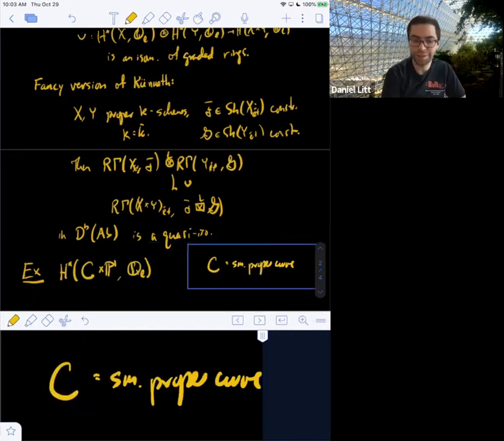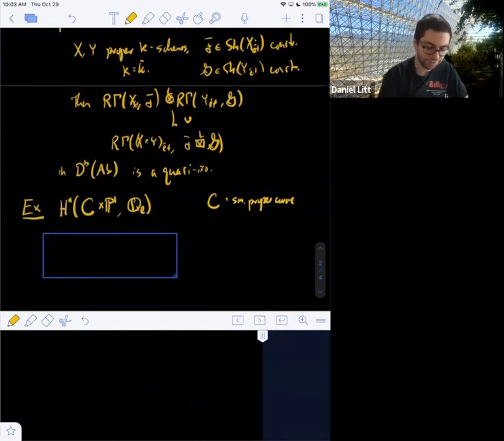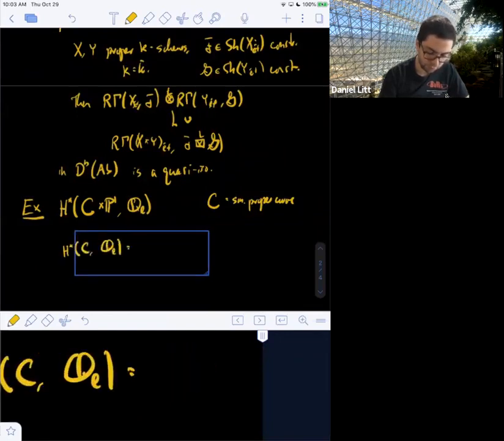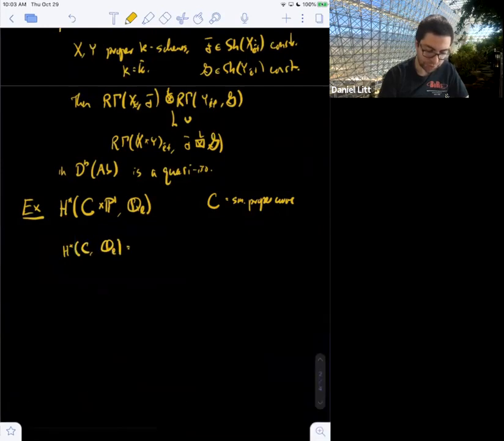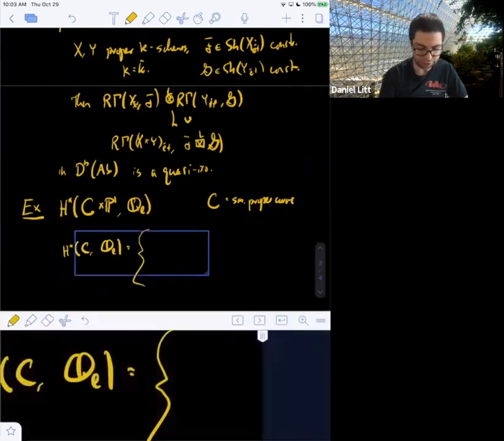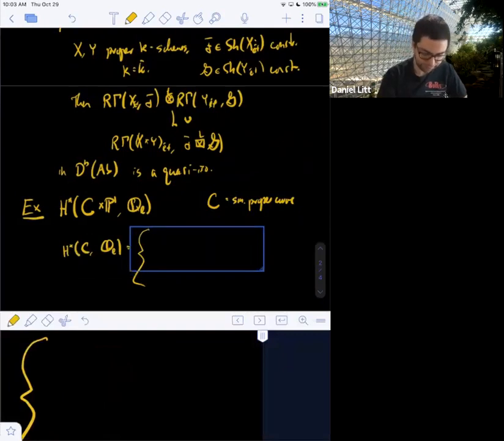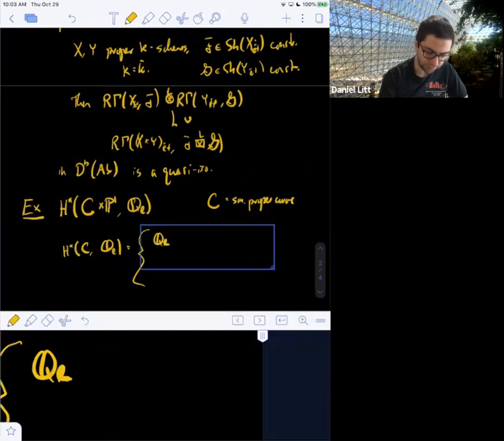Any thoughts? So what is H star of C? Well, we worked out what it is with Z mod L^n Z coefficients. Taking the inverse limit over n, we get Z_L coefficients, and then tensoring with Q_L gives you Q_L for star equals 0.